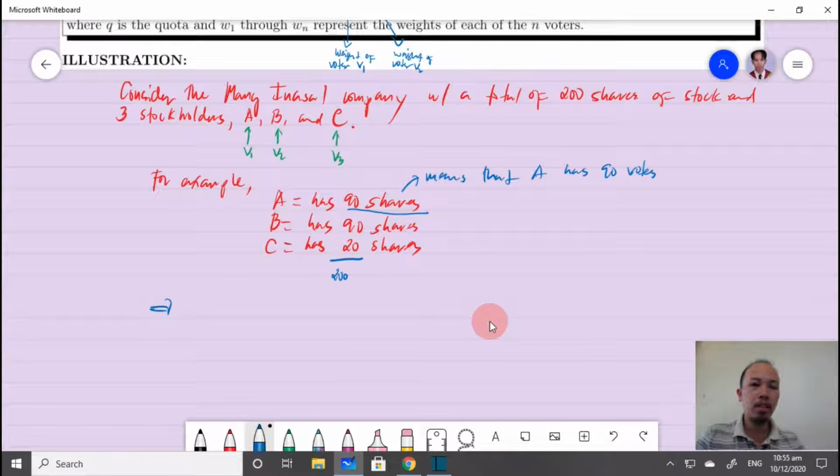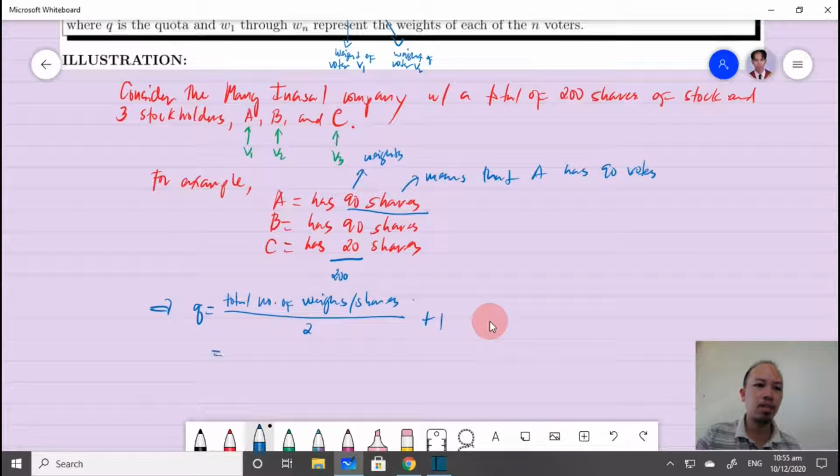So this implies that our Q is the total number of weights, or shares, divided by 2, plus 1.